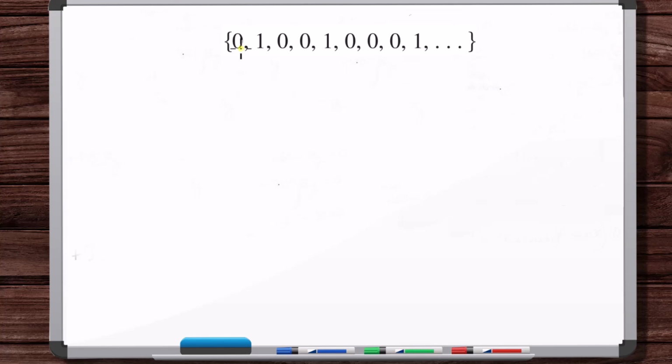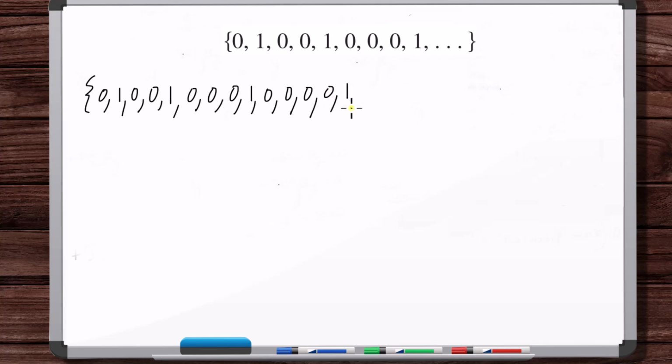But, okay, 0, 1, 0, 0, 1, 0, 0, 0, 1, and so on. You just do an additional 0 in between the ones.